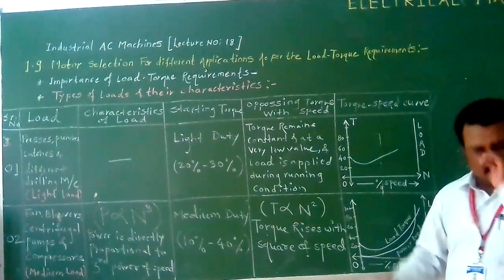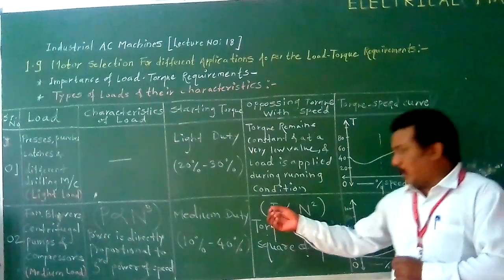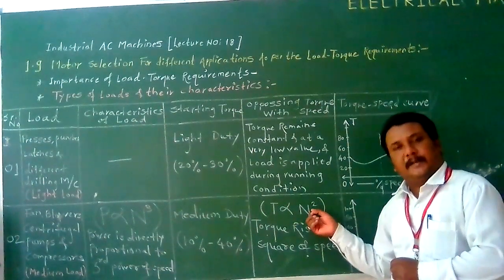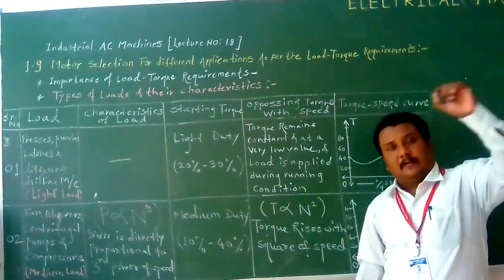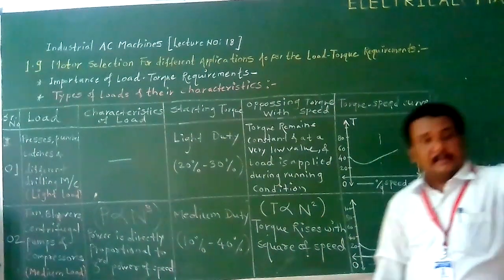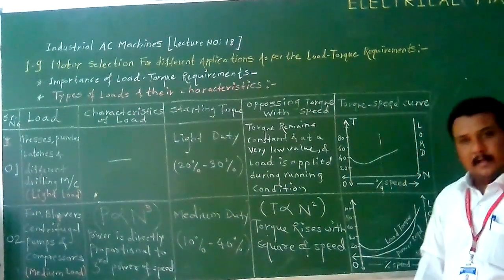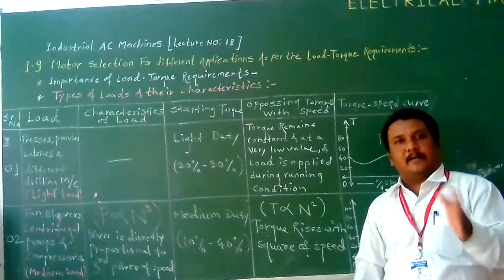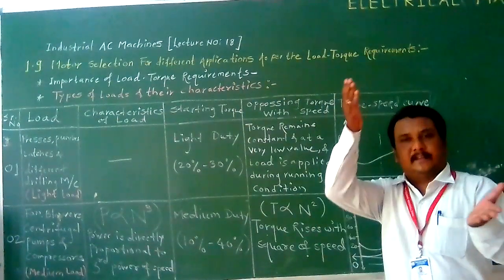So ultimately torque is also proportional to speed. During load conditions, torque increases and speed also increases, but once power increases, speed increases by its third power.